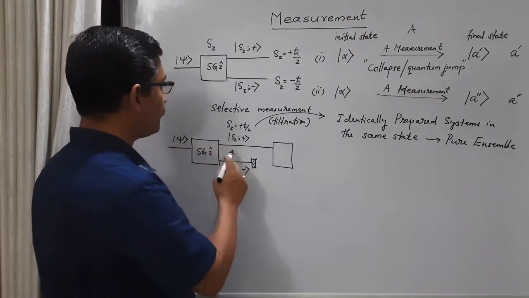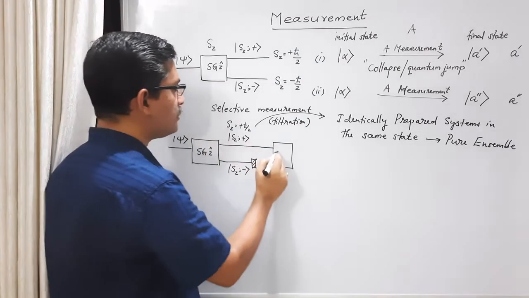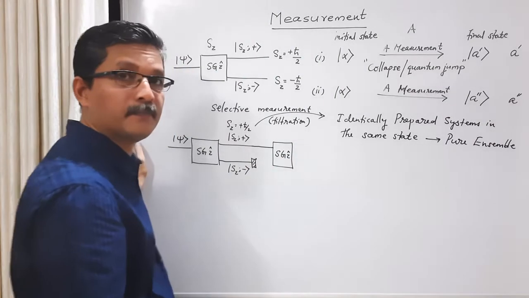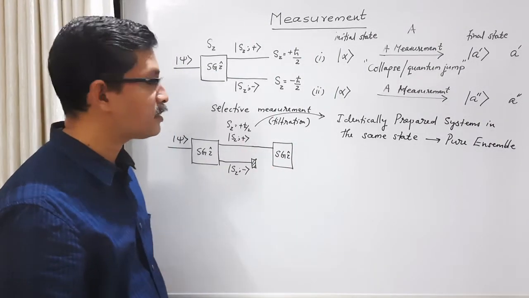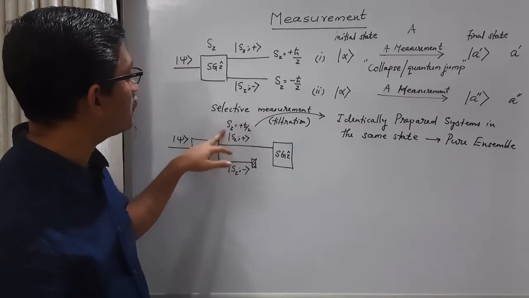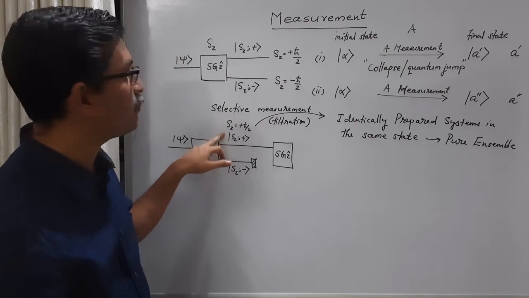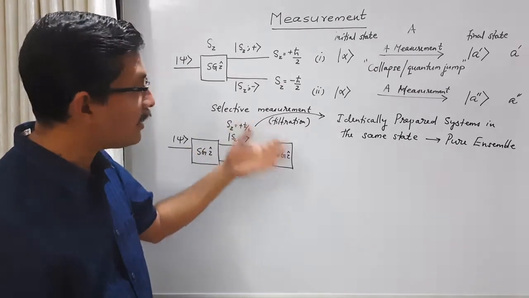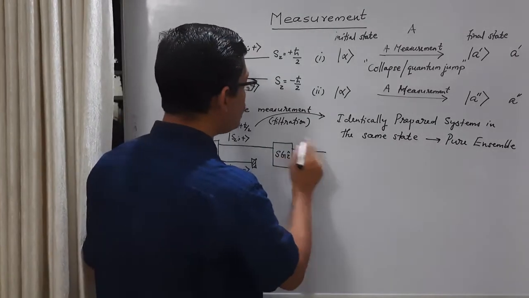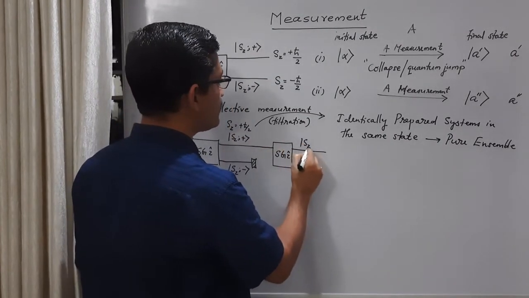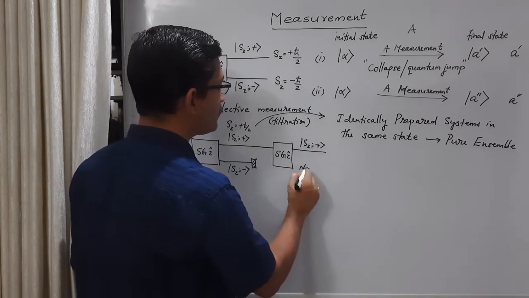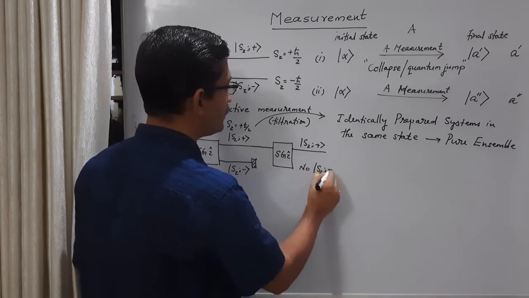Suppose we prepare a pure ensemble like this, and we again repeat this Sz measurement, spin component measurement along the Z direction. What is the result? The input is all the 1000 particles in the Sz plus state. Then if you again measure the Sz spin, what you get as output is all these particles in the same state, Sz plus. Okay, and here no particles with Sz minus.